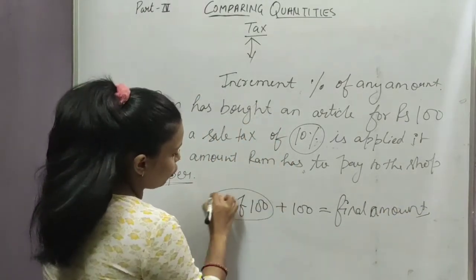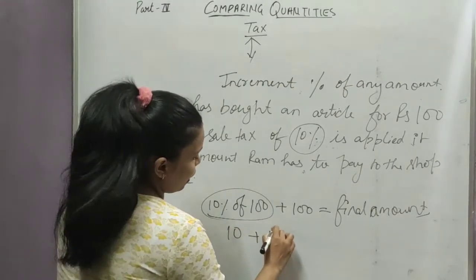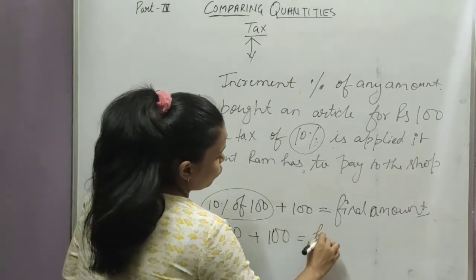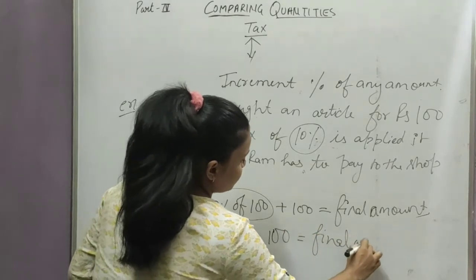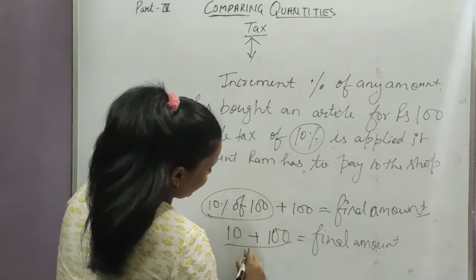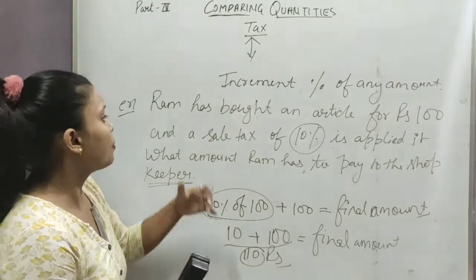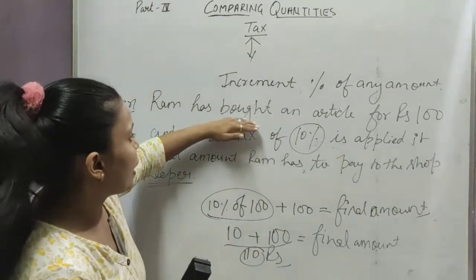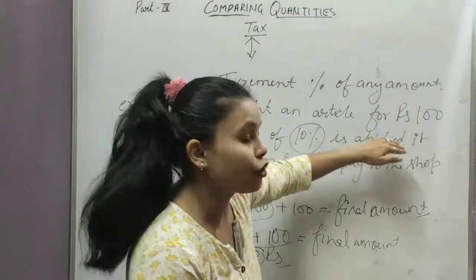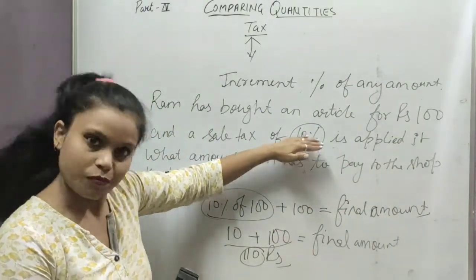So 10% of 100 is 10, plus 100 is equal to the final amount. So total amount he has to pay is 110 rupees. So Ram will buy the article at rupees 110 after applying the sale tax, right?